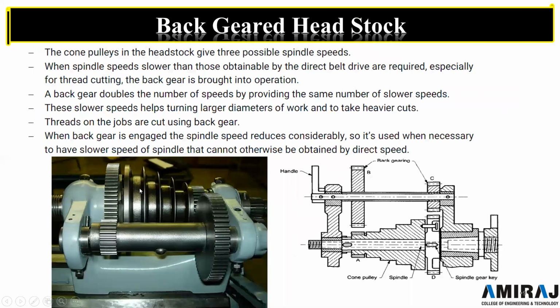Number of pulleys are used, 1 2 3 4 over here, and there is a gearing arrangement as well. This pulley is used to change the speed. For changing speed, various diameters of pulley are used and the belt is shifted from one pulley to another to change the speed.